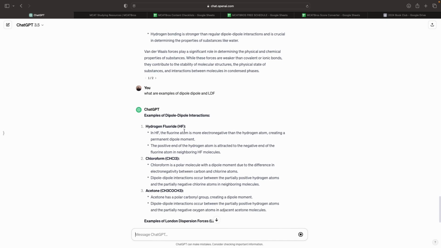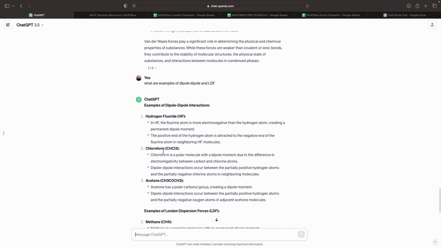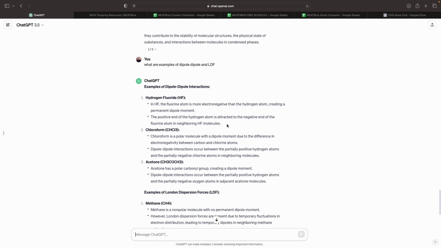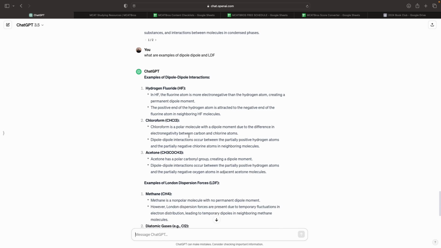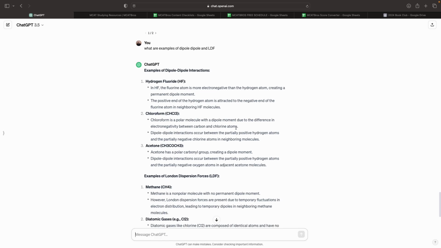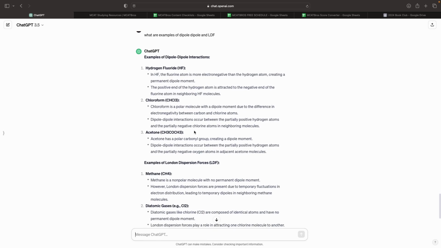It's a halogen bond, creating a permanent dipole. So the fluorine is the negative side. Chloroform is a polar molecule with a dipole moment due to the difference in electronegativity. So it's all coming down to electronegativity.